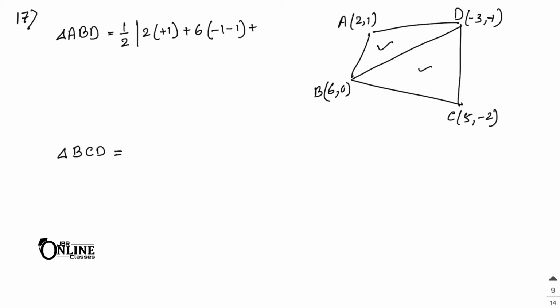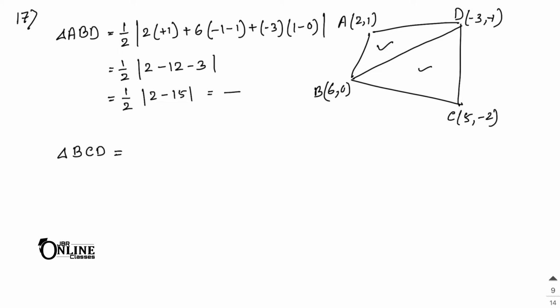And next x3 is minus 3, and here y1 as 1 minus y2 as 0. So that equals 2, then here minus 12, and here minus 3. So it will be half, and then here 2 minus 15, that means here 13. So 13 by 2, as here it is mod, so it will always be positive.